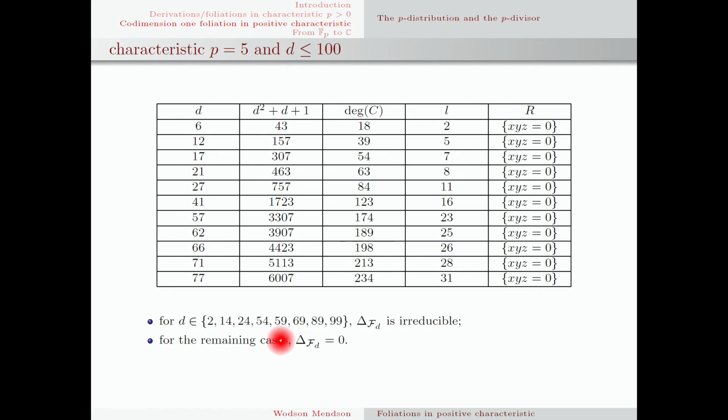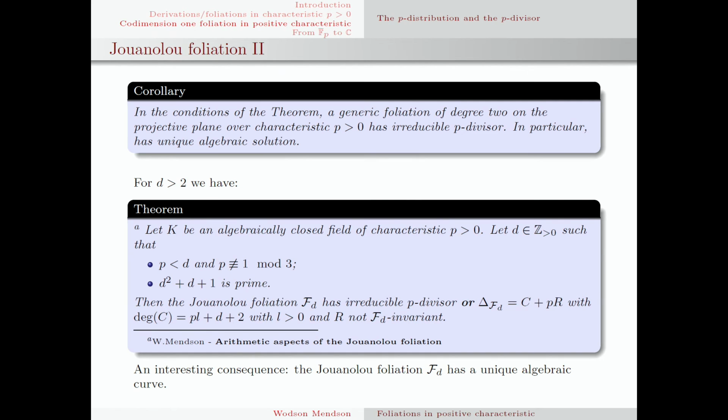And for the remaining cases, the foliation is p-closed. So all the numbers are equal to 1 or 2 modulo p. Yeah, we need some conditions on the prime here, as in the previous slide.